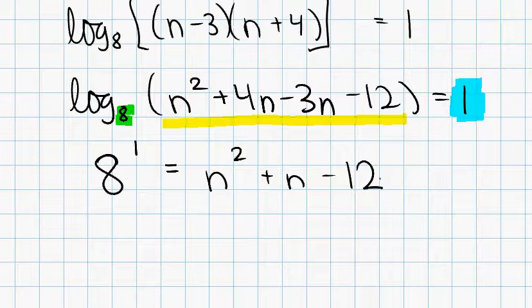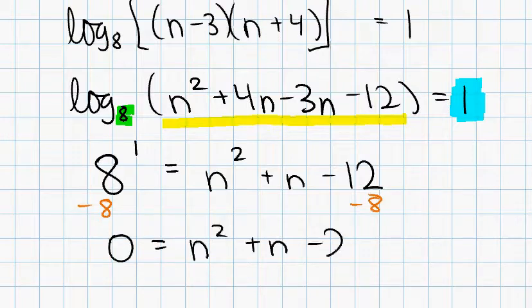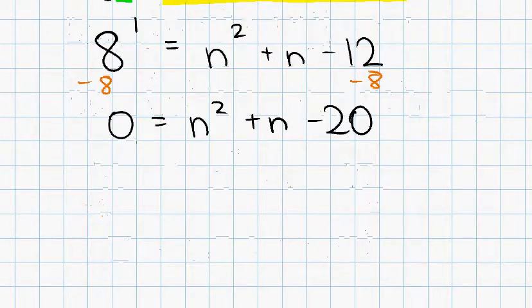So it's a quadratic now. We need to solve it. How do you solve quadratics? You make them equal 0 so that you can factor. To make this problem equal 0, we're going to subtract 8. So 0 equals n squared plus n minus 20.